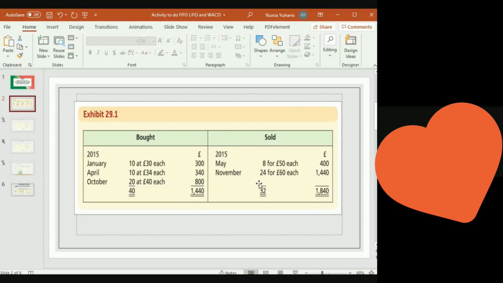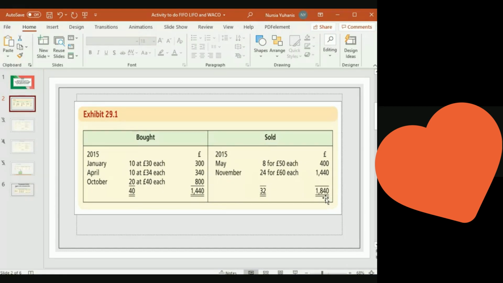Then in November, you managed to sell 24 items, each at $60, so the total you sell for November is 1,440. Altogether, May plus November, total sales for 2015 is 1,850.